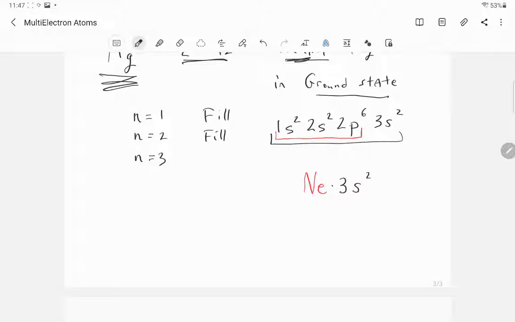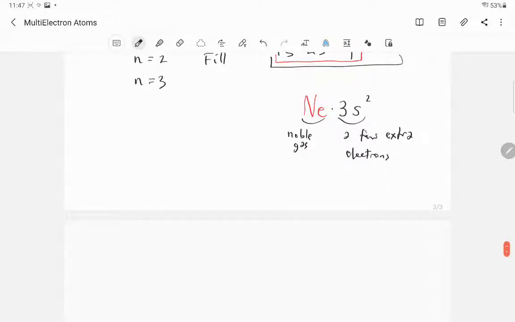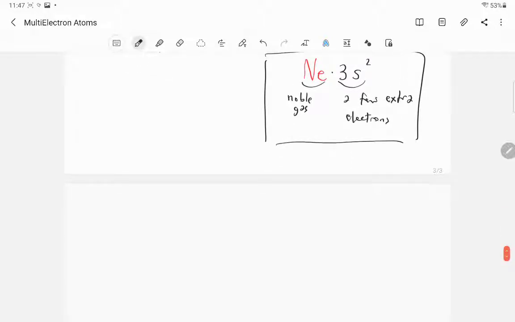Right? So we might say this is a noble gas, and then this is a few extra electrons. And this actually is kind of telling. This is pretty cool, because you can actually imagine this.